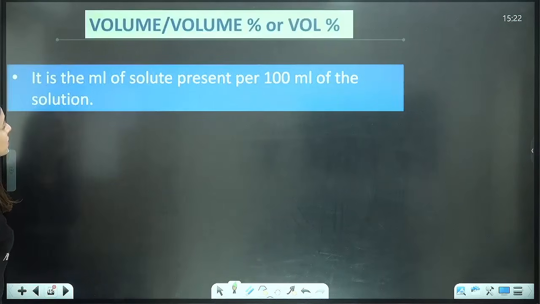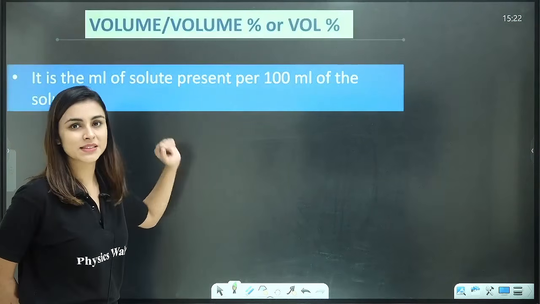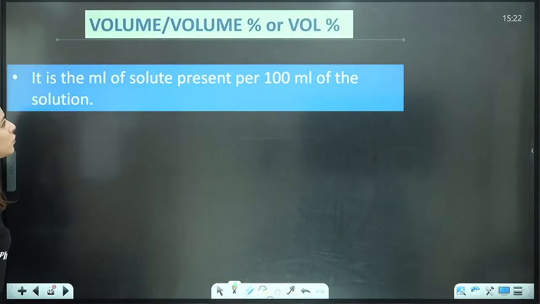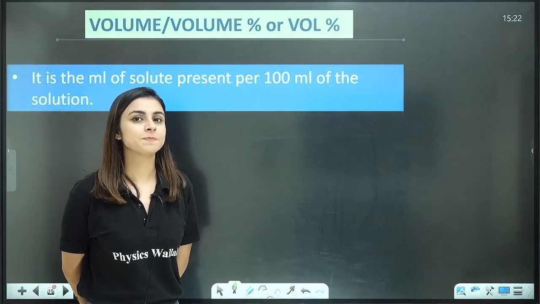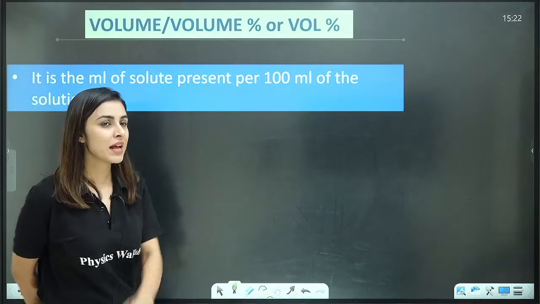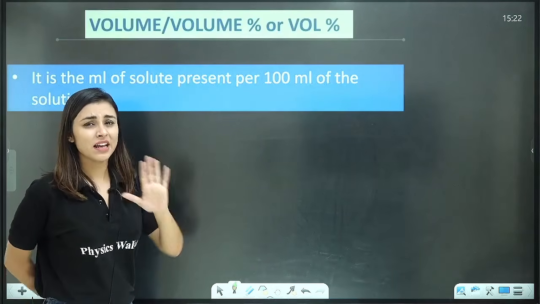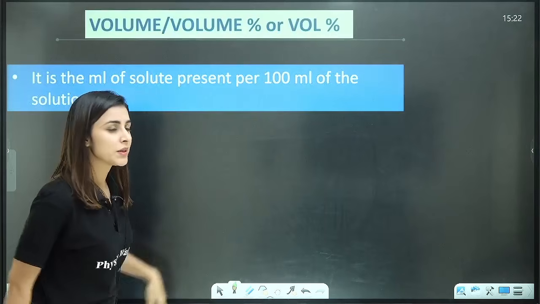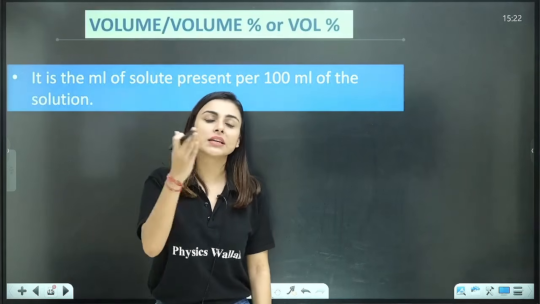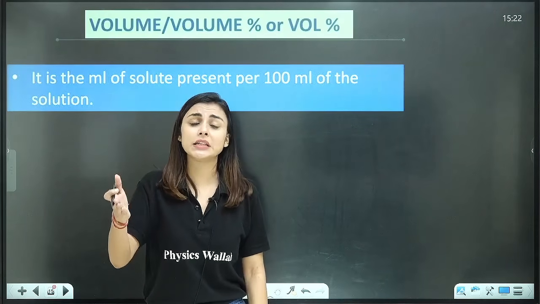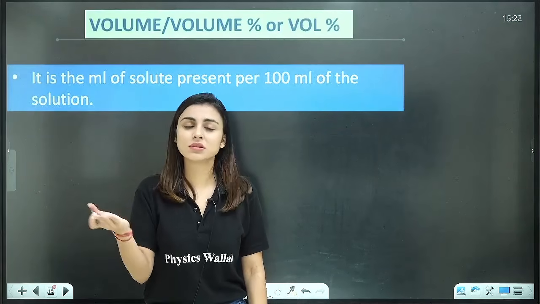Next concentration term, my dear students, is volume by volume percentage. How are we going to calculate this? Volume by volume percentage means how many milliliters of your solute are present in 100 milliliters of solution. This is so easy.